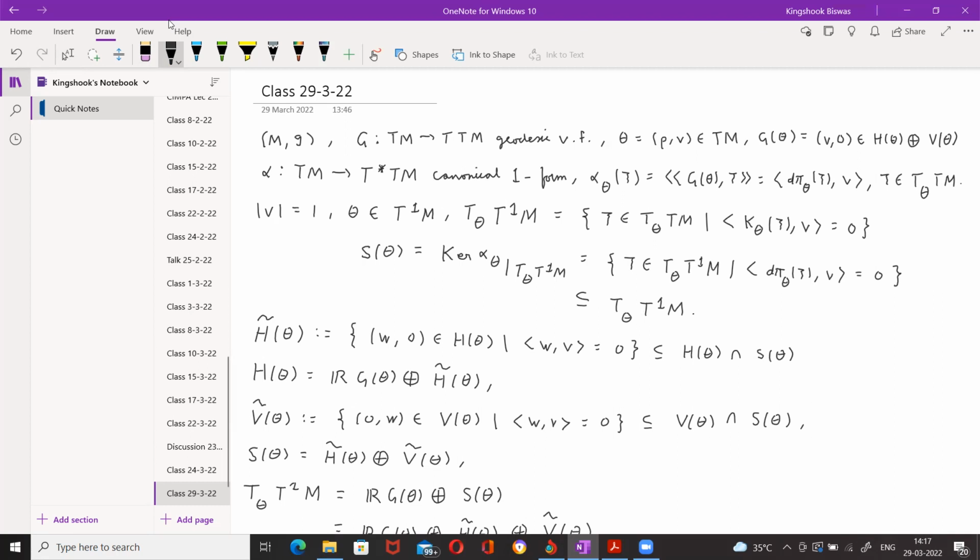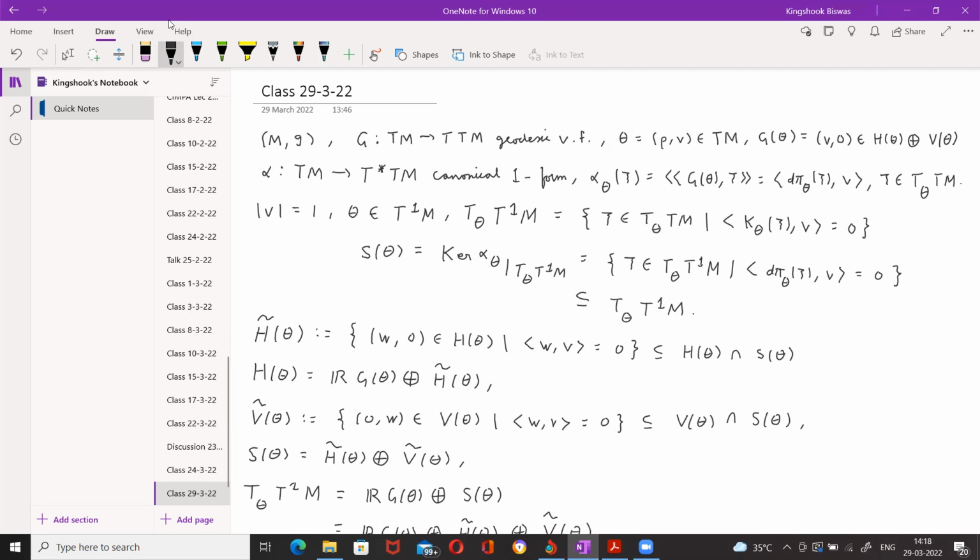And T theta T1M means that K theta xi V is 0. So this is the subspace where both the horizontal and vertical components are perpendicular to V, right? That is S theta. So that would clearly be this H tilde direct sum V tilde, right? H tilde is where the vertical component is 0, horizontal is perpendicular to V, and V tilde is where the horizontal component is 0, vertical component is perpendicular to V.